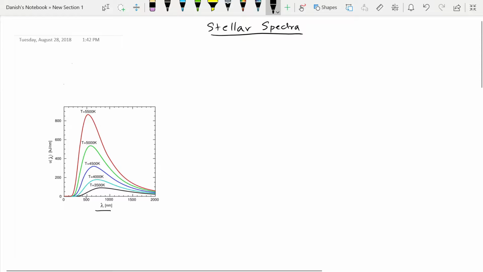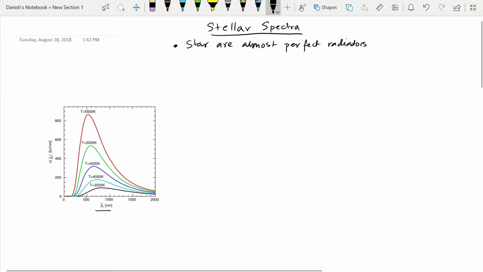So it's important to know that stars are almost perfect radiators. This means that, let me write this down, almost perfect radiators.